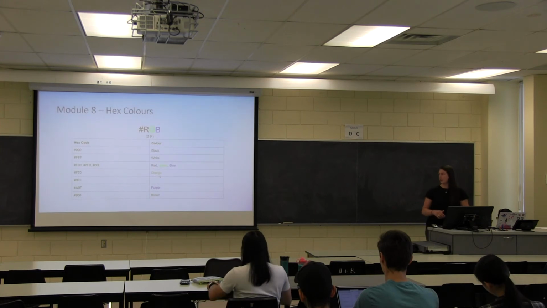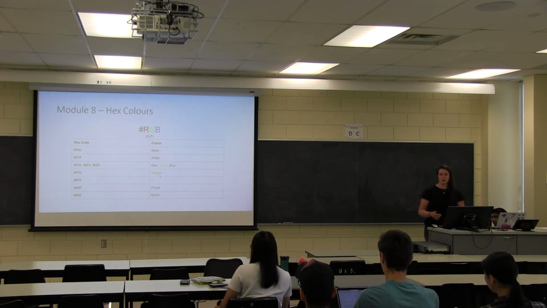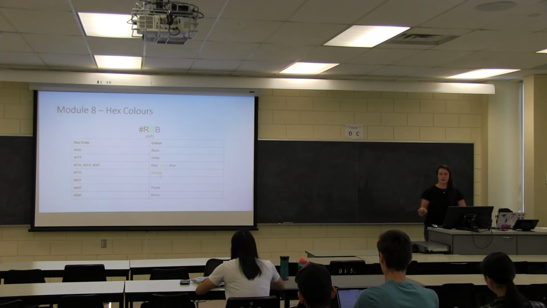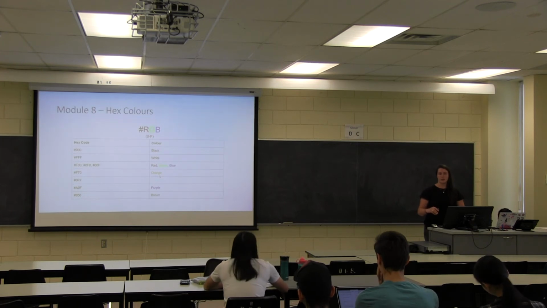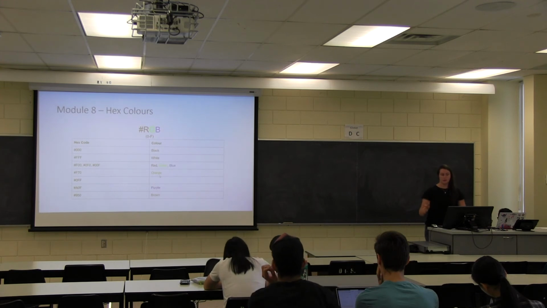So again, hex colors were discussed in Module 1, but they're really relevant to everything taught in Module 8, and we use them a lot in Module 8, which is why we're discussing them here. So we're not going to ask you on the exam for the specific hex code for light green or magenta, but it is important to know how the hex color code system works, and that it is an RGB system in which it's varying intensities of the colors red, green, and blue.